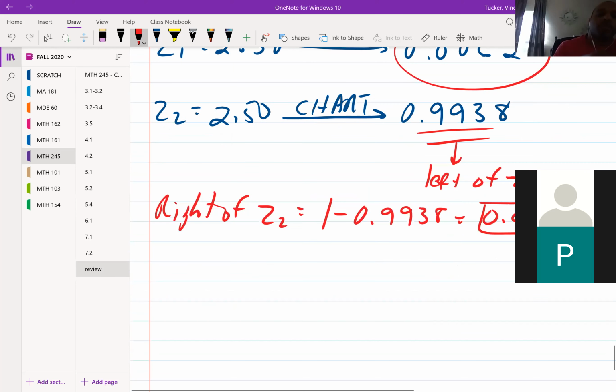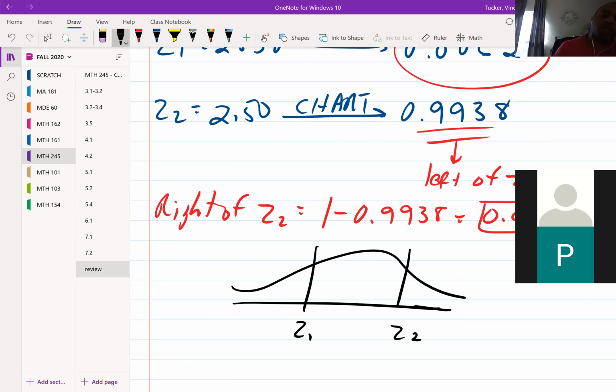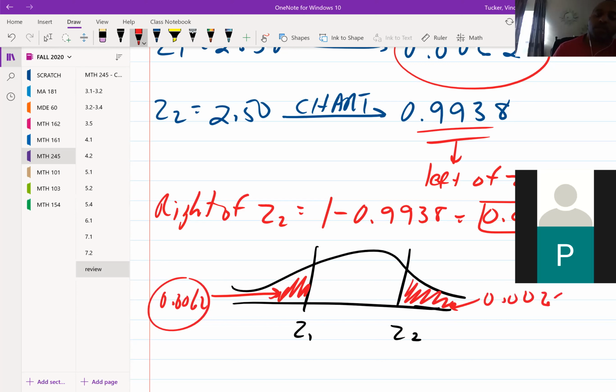So when I go back to my diagram, what we're saying is this amount right here to the left of z1 is going to be 0.0062. And then this area to the right of z2 will also be 0.0062.